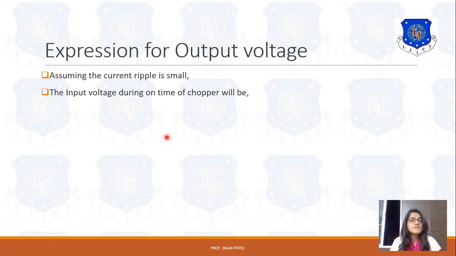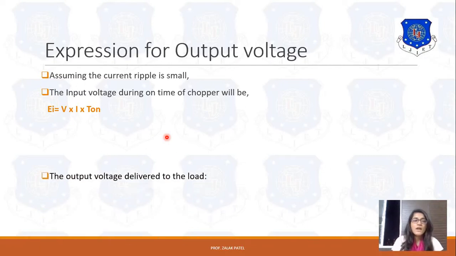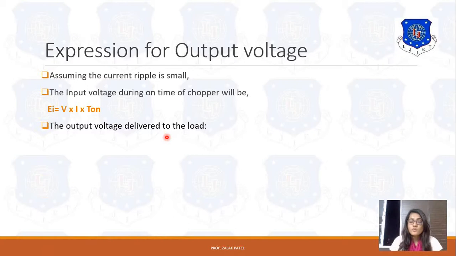So let's first calculate the input energy. The input is basically V into I into T on time, that is, power into T on time. This is the input. Now what will be the output across the load?